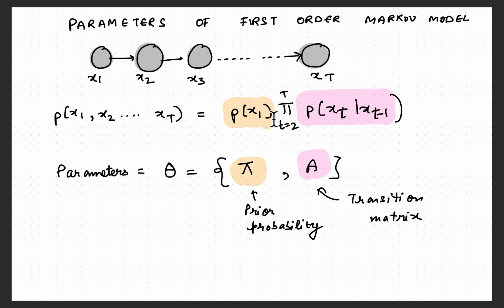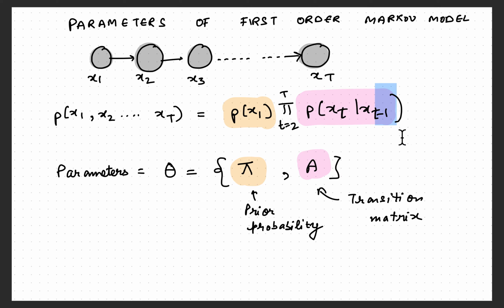It's a two element tuple containing the prior probability pi and the transition matrix A. I've also colored them accordingly to show that the prior probability pi corresponds to the probability of x1, the probability of the first observation. And in pink, I've shown the transition matrix, usually denoted by the letter A, which is incorporating the probability of xt given xt minus 1.